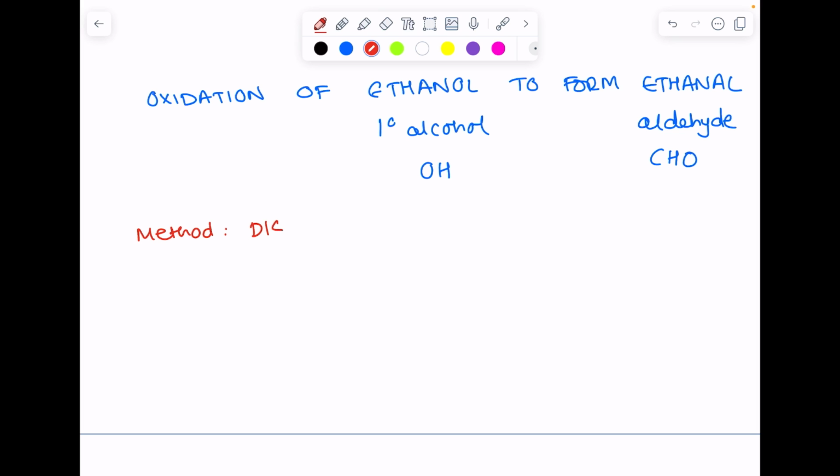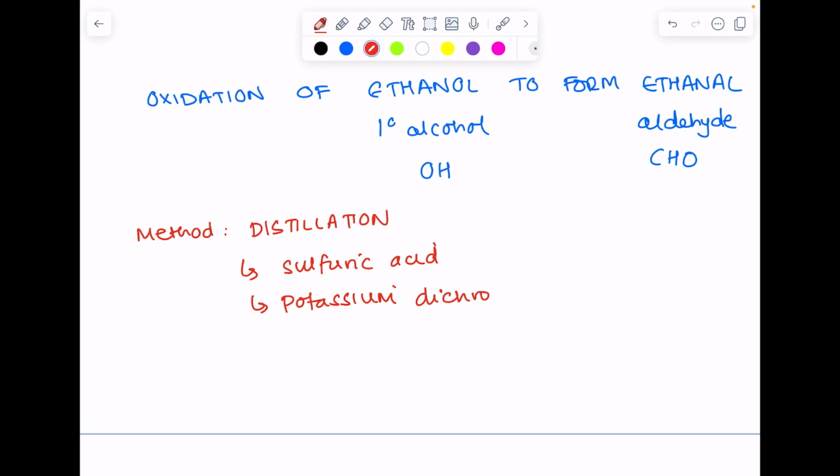Well, you're going to use distillation. You're going to need to remember the reactants are sulfuric acid and potassium dichromate(VI). So these are going to be mixed with your primary alcohol.